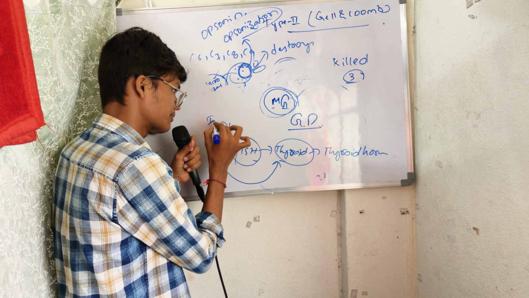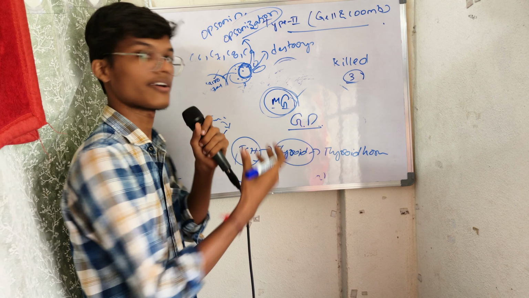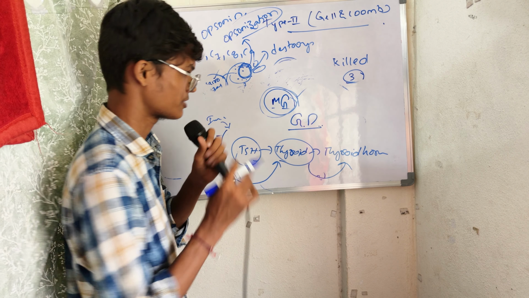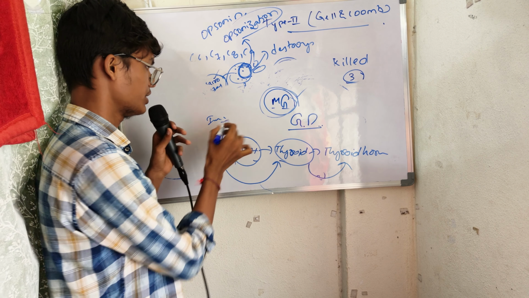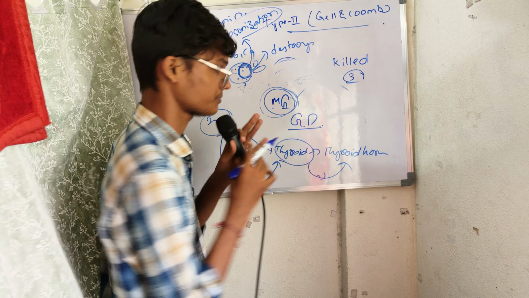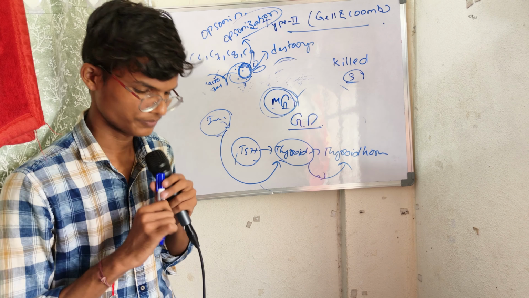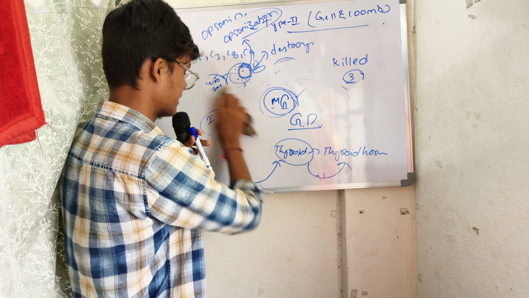So this immunity produces antibodies which stimulate the thyroid and produce excess thyroid hormone. Understood? This is what happens in Graves' disease.